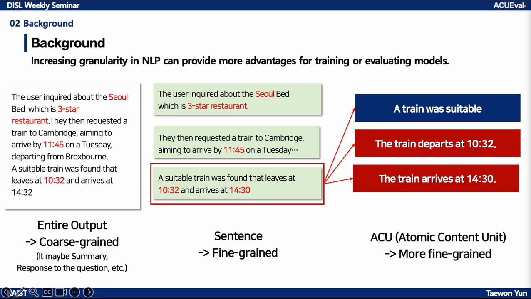You can understand ACU as very small factors within a sentence, and it consists of no more than 3 entities. You can see 3 examples in the slide. In short, with more fine-grained evaluation, you can give a more detailed explanation of the error in the output.